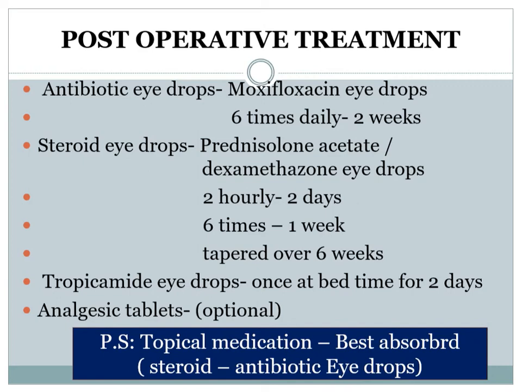So 1.5 months, that is 6 weeks, you have to give steroid drops on a tapering basis. That is very, very important. Next is antibiotic drops for the first 2 weeks. You should never taper antibiotics. This is very important because they lose their potency if you taper.